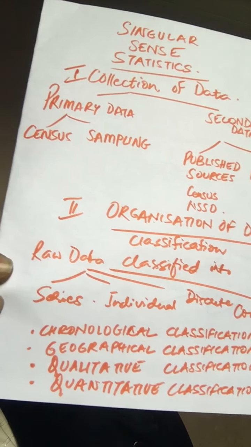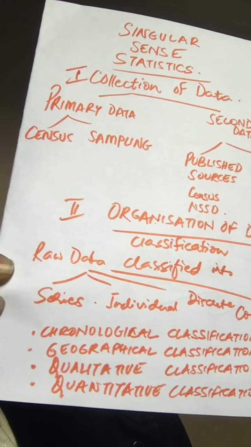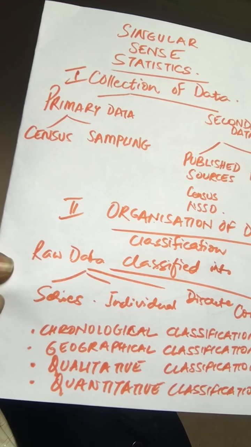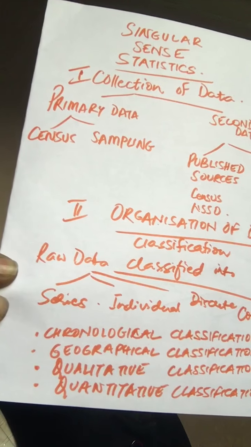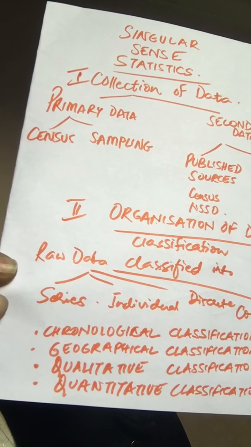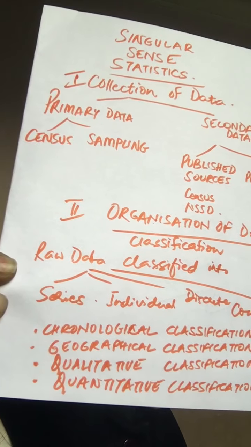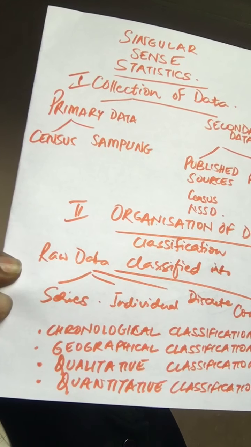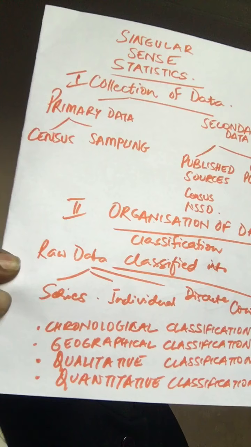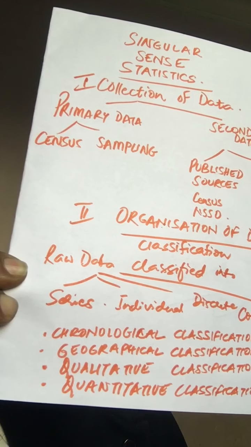In the organization, you arrange the raw data into what is known as series: the individual series, the discrete series, and the class interval series. And also the basis of classification is thought about.